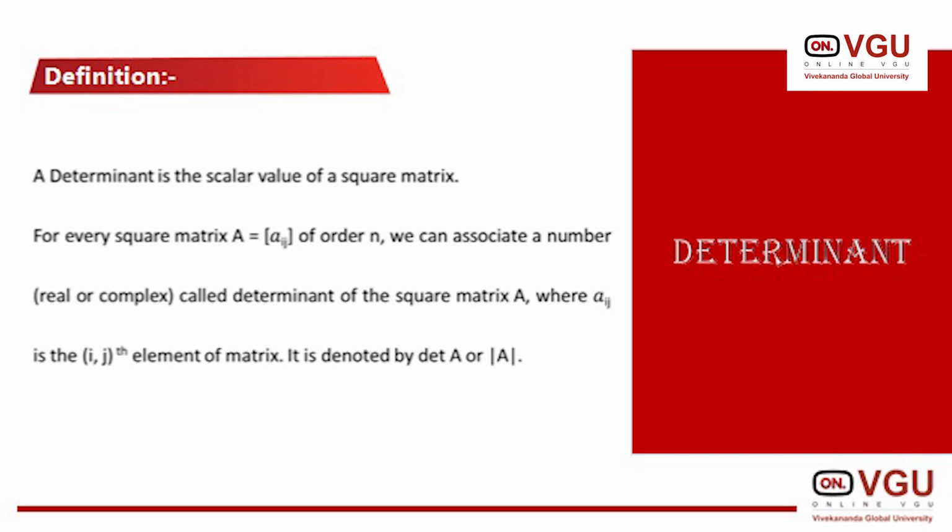So if I say a matrix having Aij elements, I'm talking about the element placed in the ith row and jth column. Okay. So we can associate a number, whether real or complex, called the determinant of the square matrix, where Aij is the ith row and jth column element.